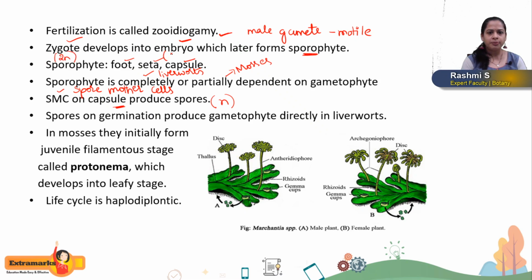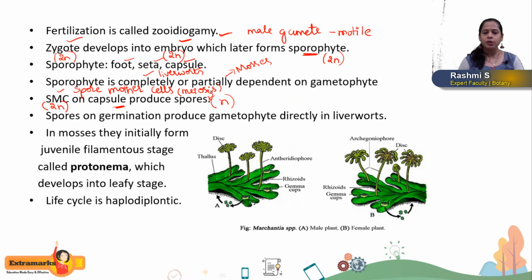The embryo is also diploid, that is 2n. The sporophyte is also 2n. The capsule has spore mother cells which are also 2n. These spore mother cells undergo meiosis inside the capsule and give rise to the spores which are haploid.